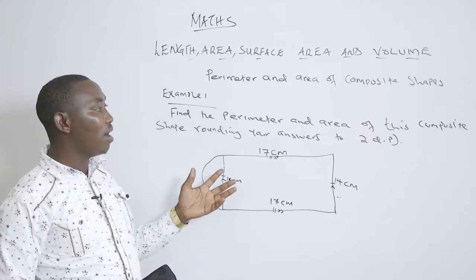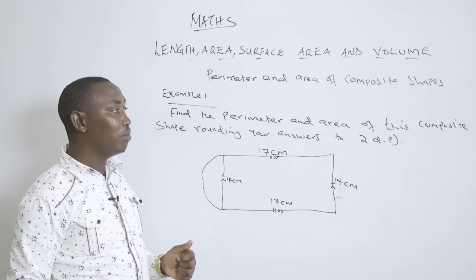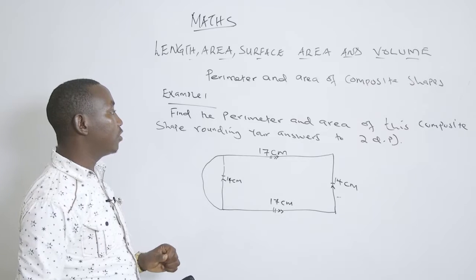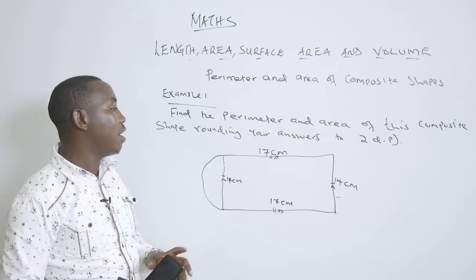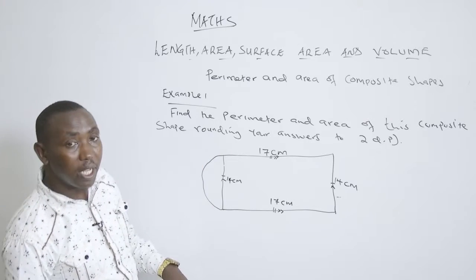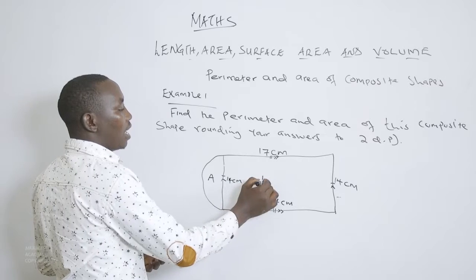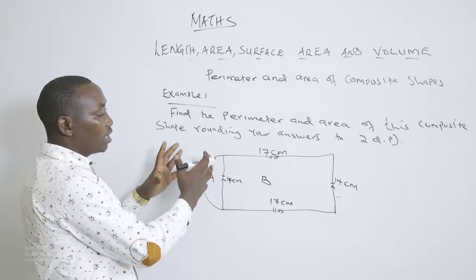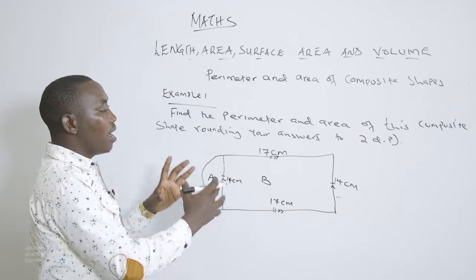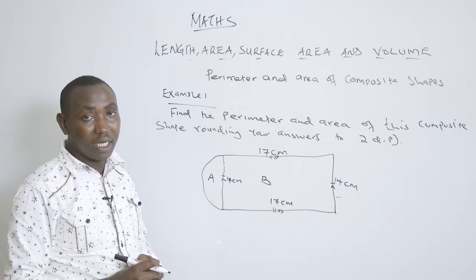Now the question here: we are supposed to find one, the perimeter of this shape, and two, the area of this composite shape. We are going to divide this shape into two areas, part A and part B. Part A encompasses the part with the semicircle, and part B encompasses the part with the rectangle.